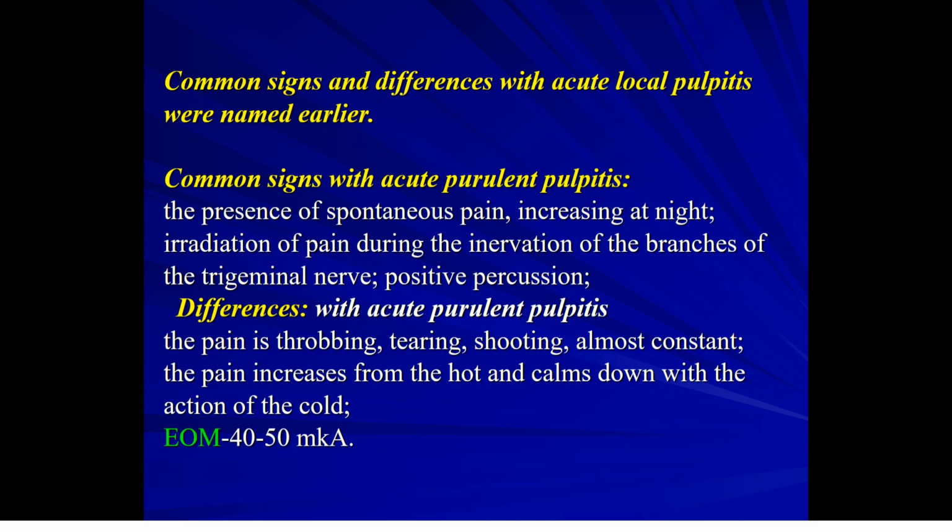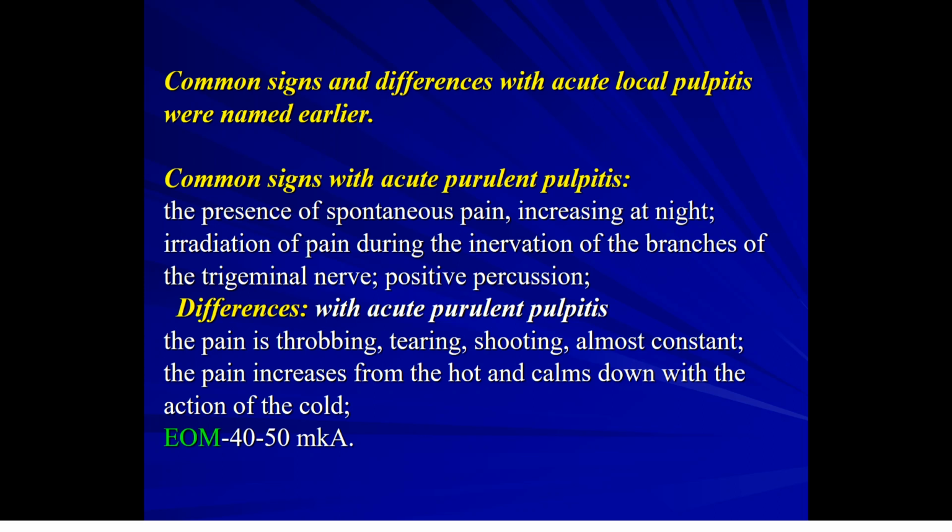Let's learn the common signs and differences with acute local pulpitis named earlier. Common signs with acute purulent pulpitis: the presence of spontaneous pain increasing at night, irradiation of pain along the innervation of the branches of the trigeminal nerve, positive percussion.